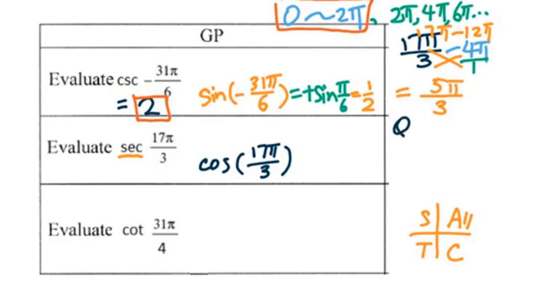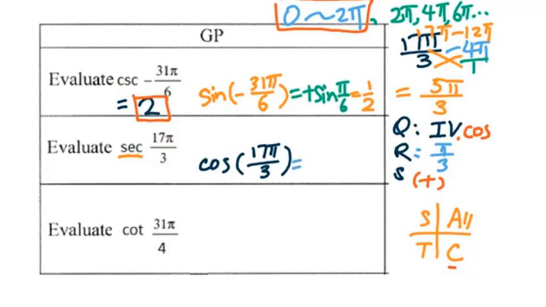Then we go to QRS. The quadrant is the fourth quadrant, because that's the 2n minus 1 pi over n pattern. The reference angle is pi over 3. For this, we're looking for cosine. In the fourth quadrant, that's positive.